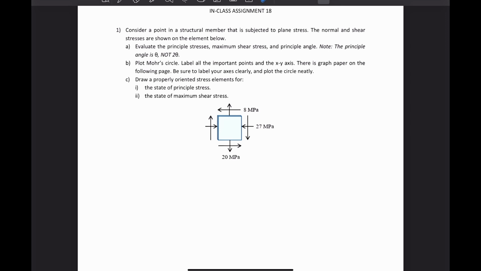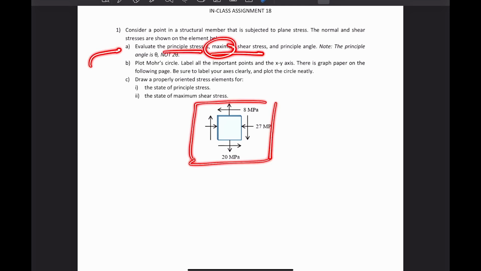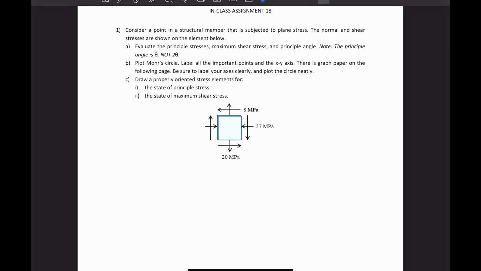So we are given this element, and we are first asked to evaluate the principal stresses, shear stresses, maximum shear stresses, and the principal angle. So before going through the solution, I want to write the sigma x, sigma y, and the tau xy.